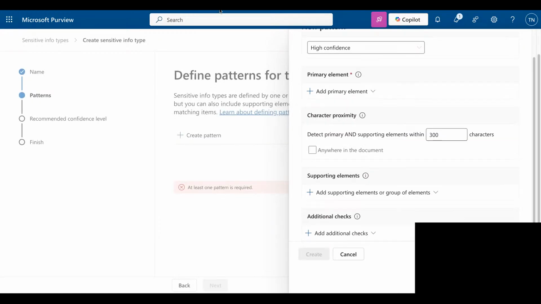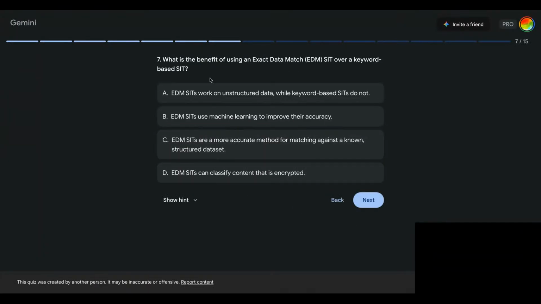Okay, let's go back to options. So, what is the benefit of using an exact data match SIT over a keyword-based SIT? So, the keyword here is exact data match.